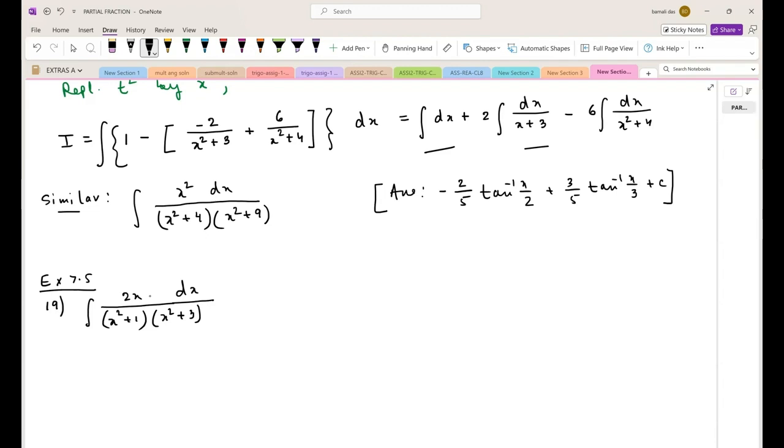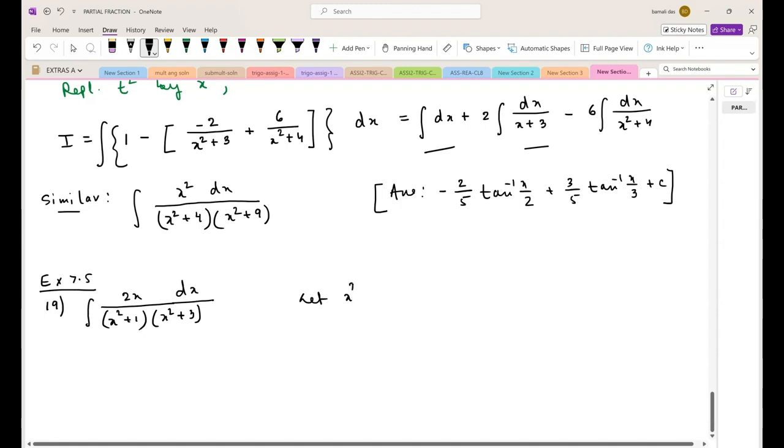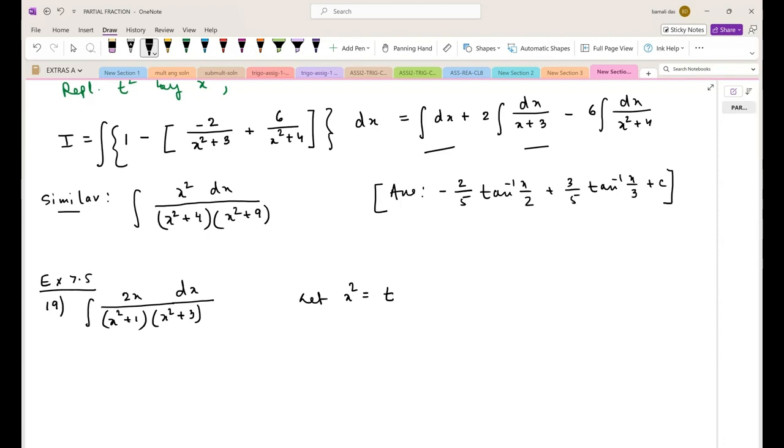Here we will just substitute x square equal to, say, t, just like we did in the above sum. Please note the difference. In the above sum, we did the substitution x square equal to t outside the integration. Here we are doing it as part of integration.